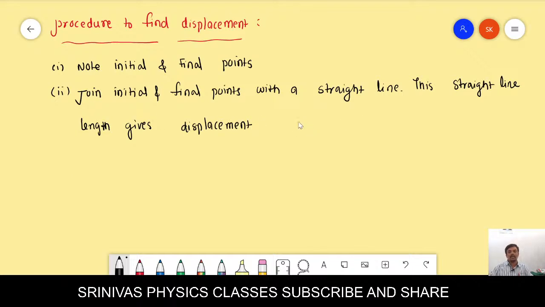This straight line length gives the displacement. This is how to find out the displacement.